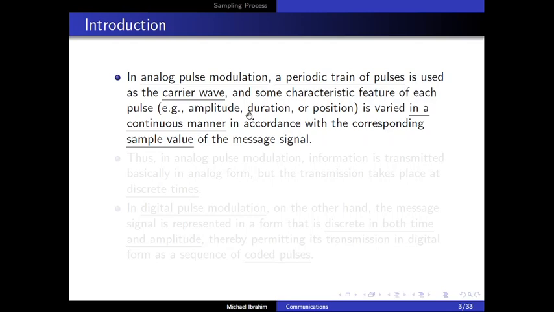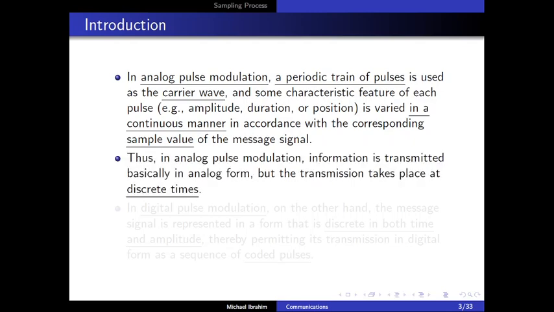Or we change the duration of the pulse in accordance with the sample of the message. It's called pulse width modulation. Or we change the position of the pulse in accordance with the sample value of the message, which is called the pulse position modulation.